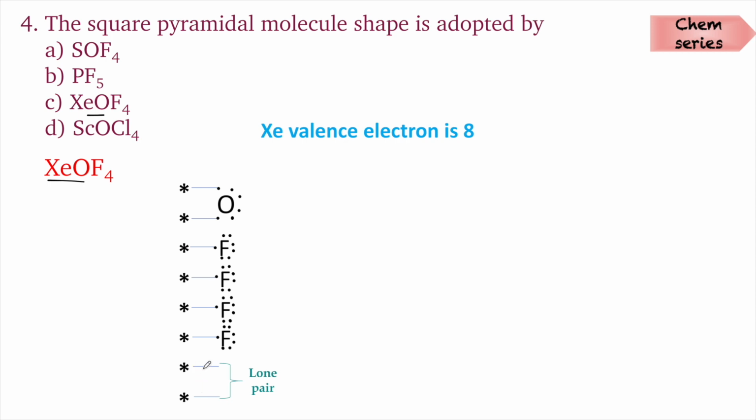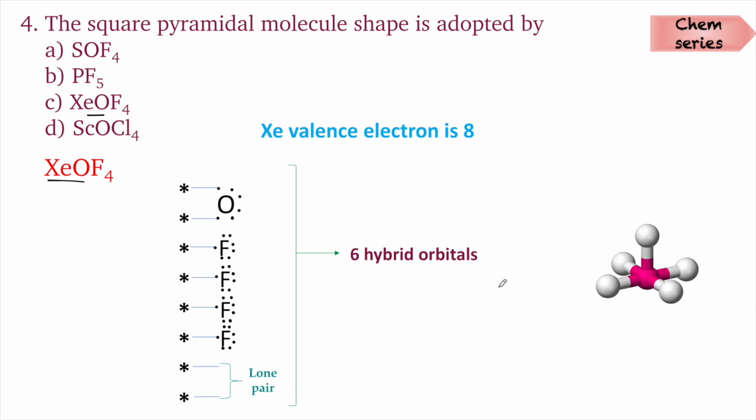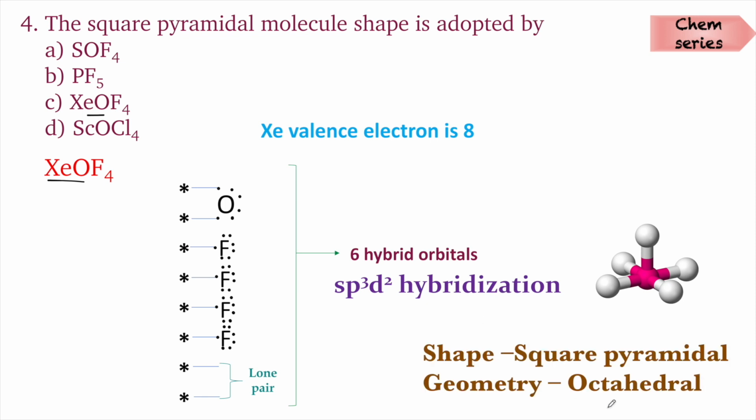Okay, so there are 2 non-bonded electrons, that means it forms one lone pair. So there are 6 hybrid orbitals, that is sp3d2 hybridization, and the geometry will be octahedral, and in octahedral if one position is occupied by a lone pair, then it forms a square pyramidal. So your correct option is XeOF4, which forms square pyramidal. Fine.